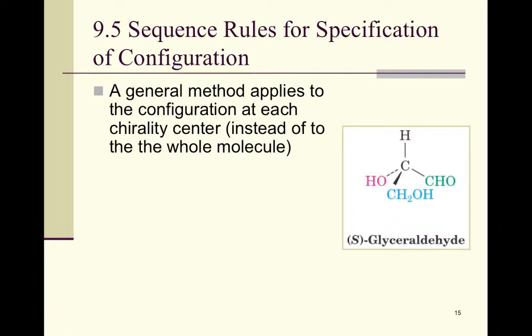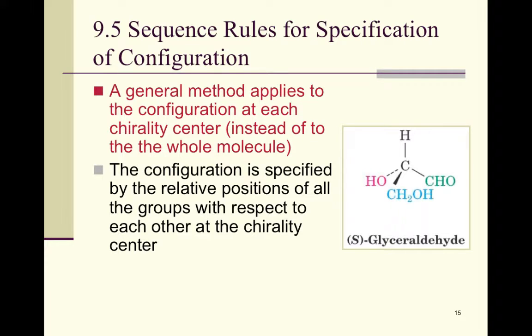To determine if a molecule is right-handed or left-handed, we have a general method that applies to the configuration at each chirality center. We don't look at the whole molecule. We take a look at the chiral center. That's our focus. The configuration is specified by the relative positions of all the groups with respect to each other at the chirality center.